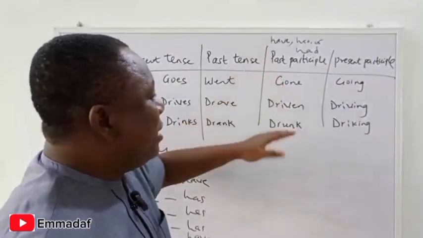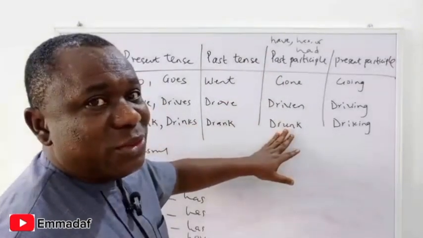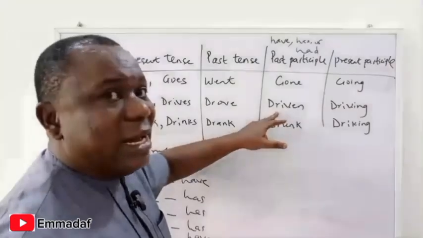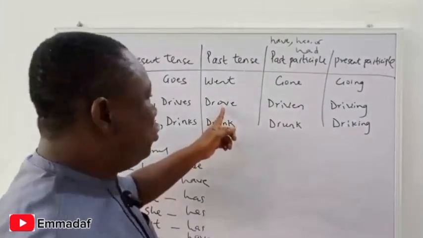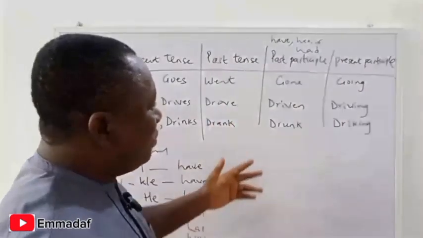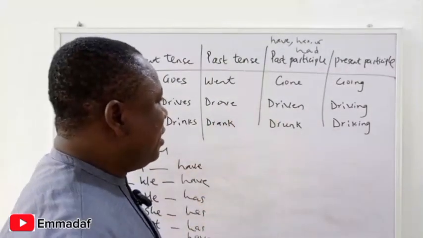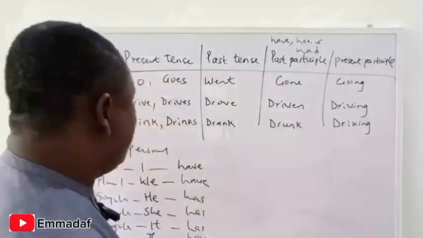She has drunk water. I have driven the car. Not I have drove the car. I have driven. I have gone. I have drunk.